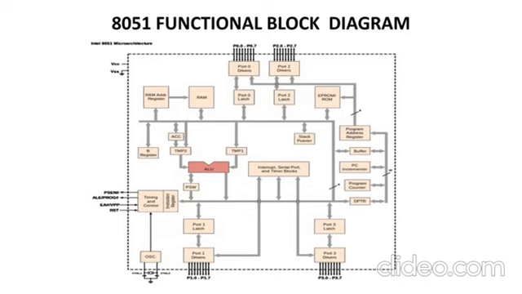The PC incrementer increments the address by 1 and points towards the next instruction to be executed. So the definition of the program counter is: in the execution of a program, whenever one line is executing, the program counter points towards the next instruction to be executed.